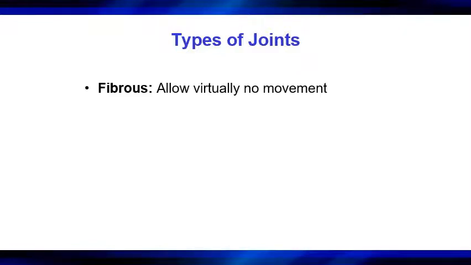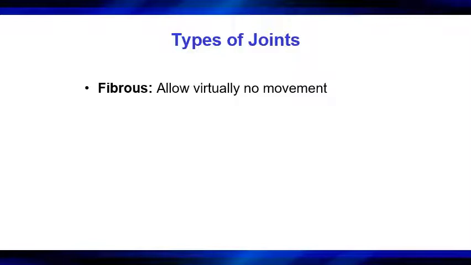We start with fibrous joints, which basically allow virtually no movement. What I want you to do here, just to keep this process on the active side, is look back in your book and think of examples of these joints. I'm not going to give them right now. I want you to be active in this process as we go through this.